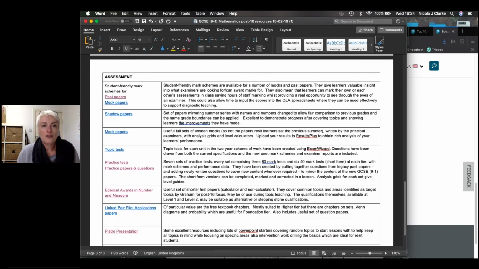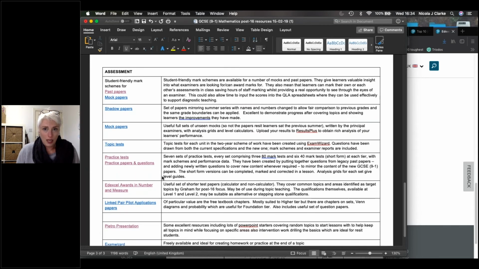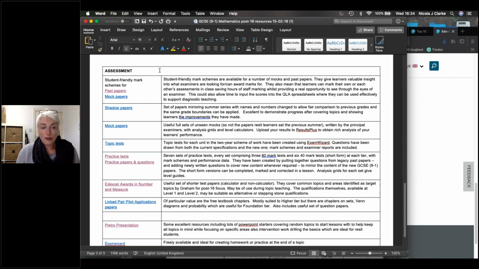And then for assessment, one of my favourite things is that students are aware of how the mark schemes are applied. We have two versions of the mark scheme. There's the one that the examiners have used that's quite straightforward and cut and dried, but there have been student-friendly ones written.